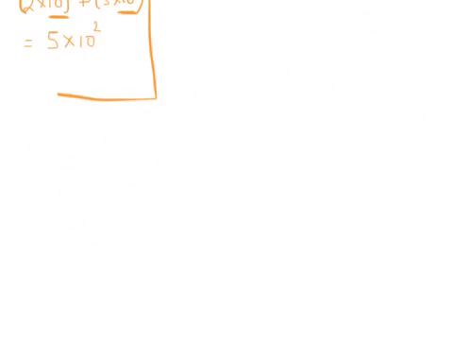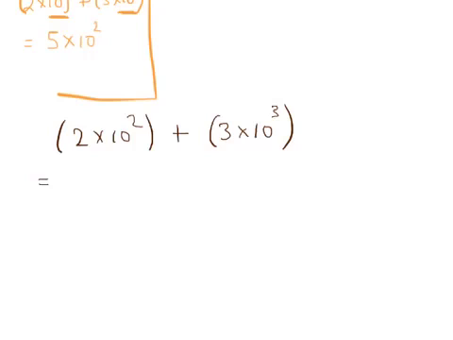So the thought process is I'm adding standard form numbers. To do that, the powers must be the same. Are they the same? No, they're not. Therefore, I must convert one of them so that it's got the same power as the other number.